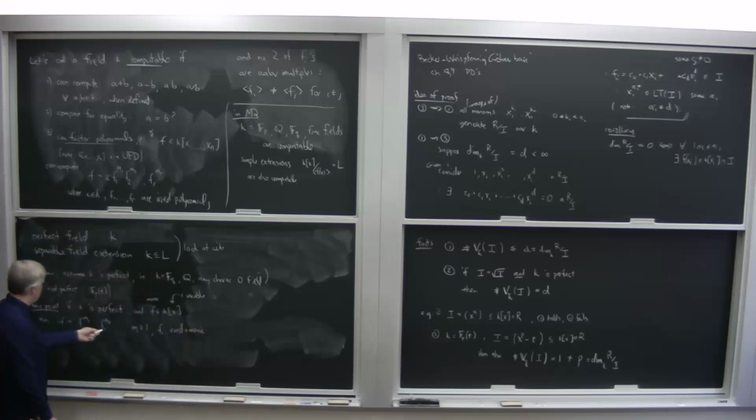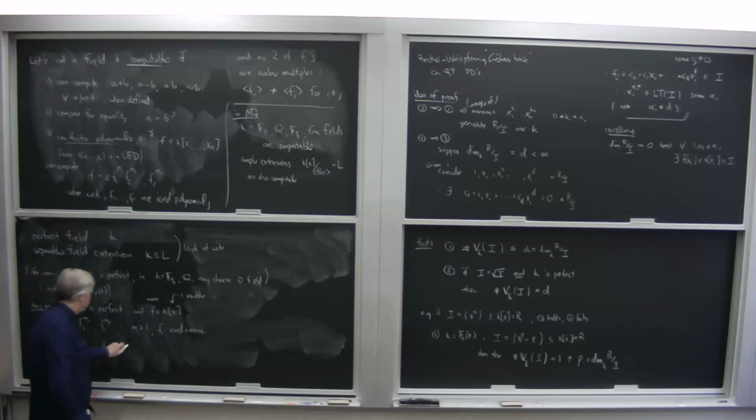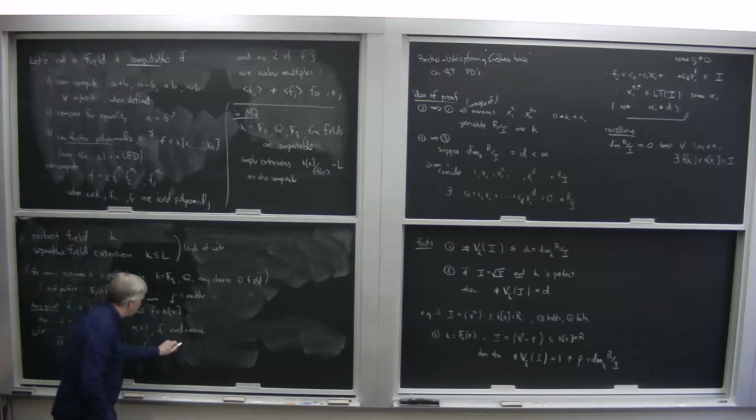If this is monic, everything's monic, we don't have to worry about constants. So if this is the case, then we define the square root of f to be, getting rid of all those powers, F1 through FR. This is the square free part of f.